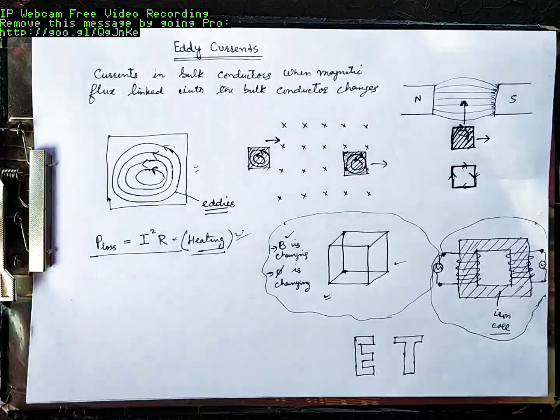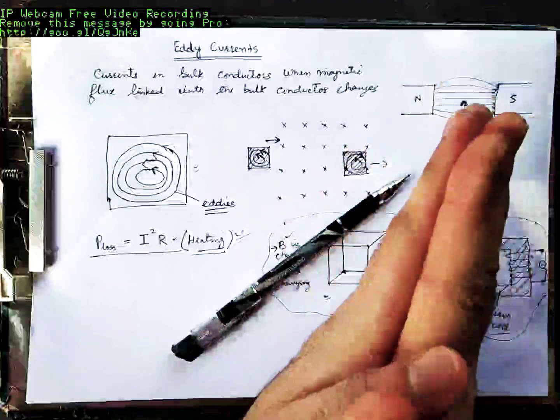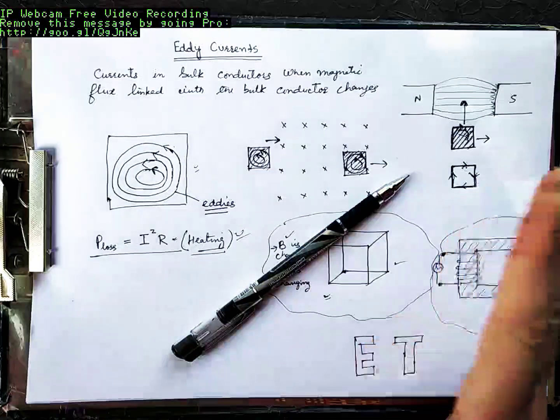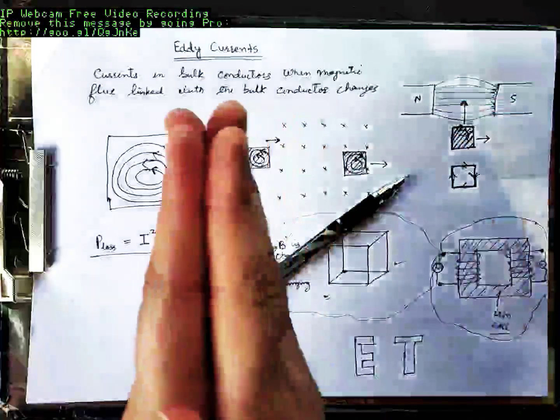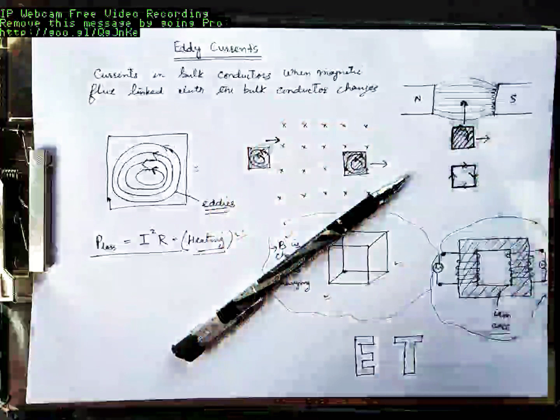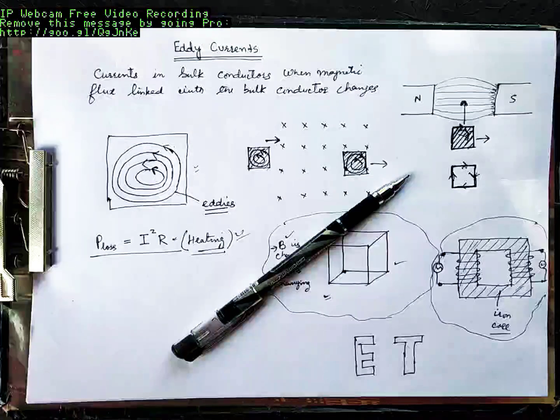This is not made of solid material like this. No. This is made of thin strips. One strip, then second, then third, then fourth strips. Not of some solid material.